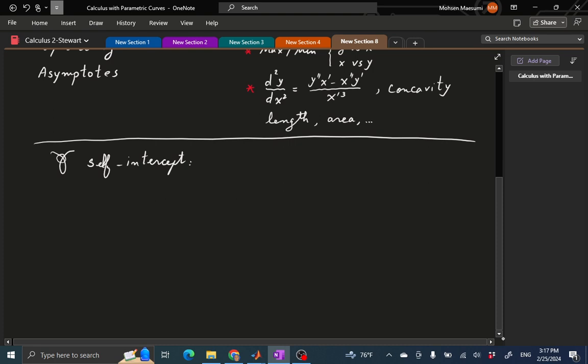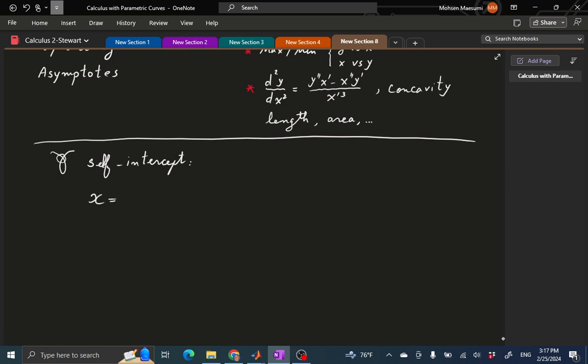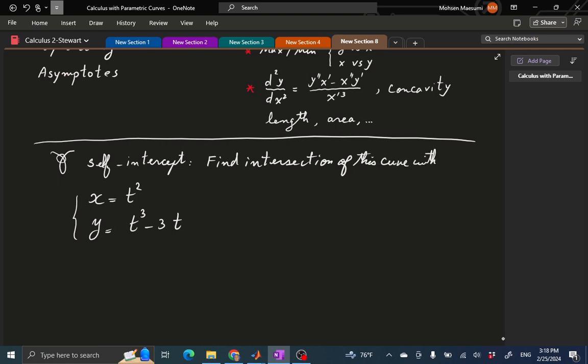Suppose x is given to me as a function of t, and that is t squared, and y is given to me as t cubed minus 3t. So what we want to do is to find the intersection of this curve with itself.